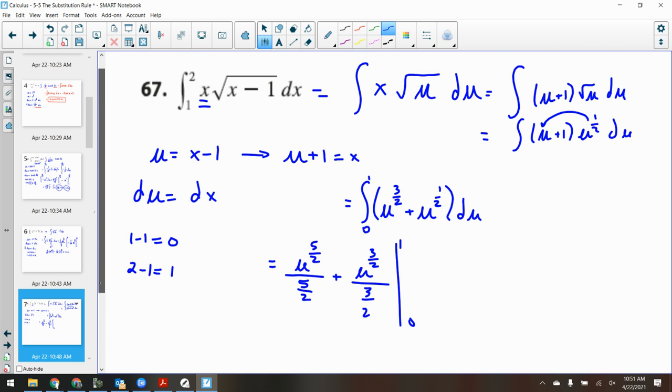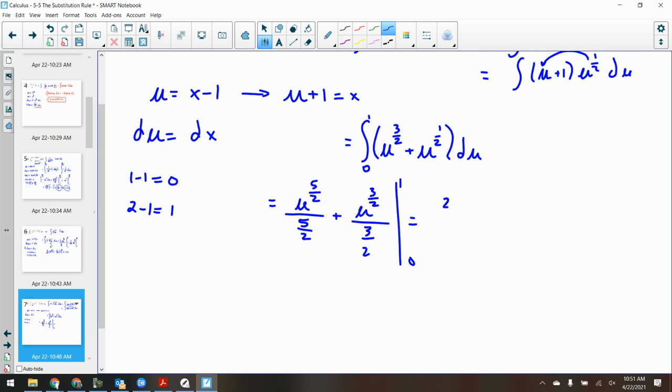Let's simplify that a little bit. Keep, change, flip. That's 2/5 u to the 5/2 plus 2/3 u to the 3/2 from 0 to 1.